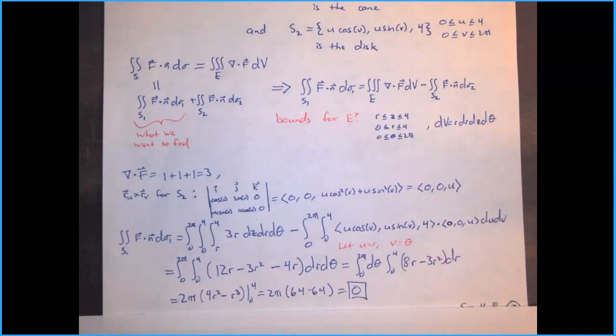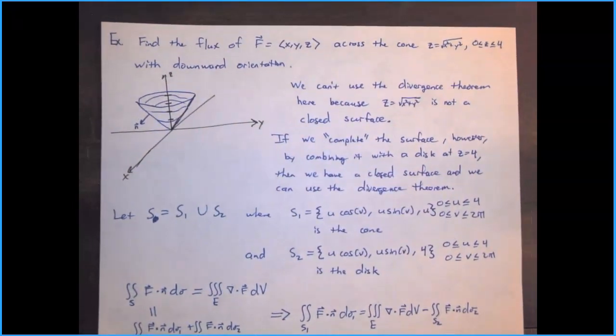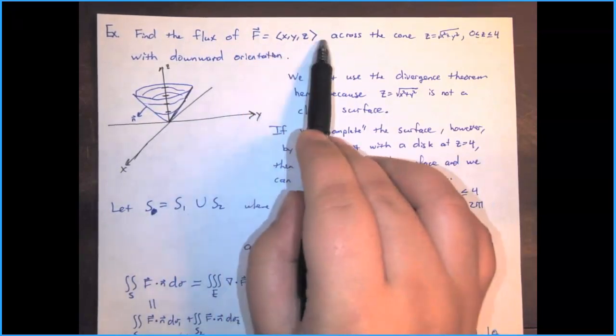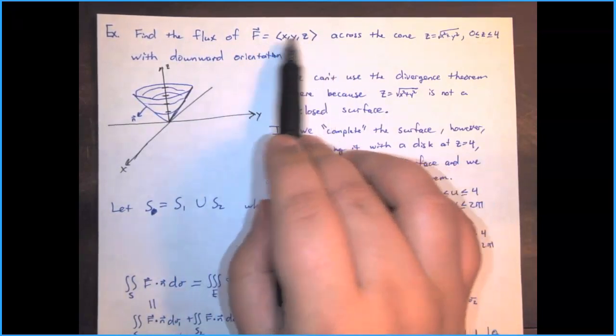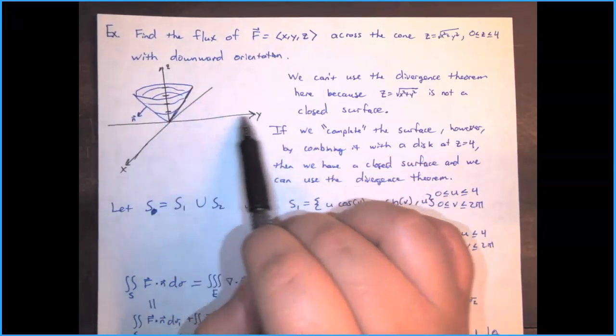And conceptually, this makes sense. What this is saying is that there is no flux of this vector field across the cone. So let's go back up here and see why conceptually this makes sense. If we think about this vector field, x, y, z, what does this vector field look like? It consists of vectors that go straight out from the origin.